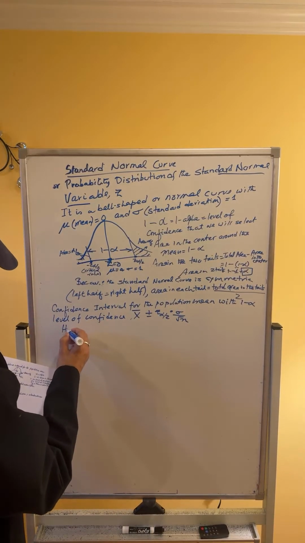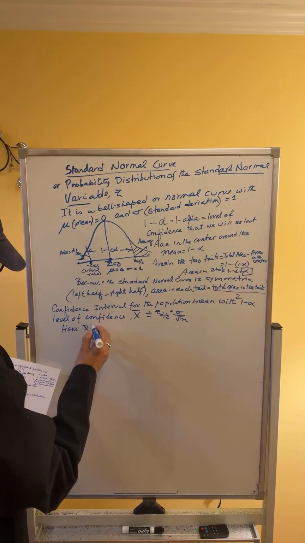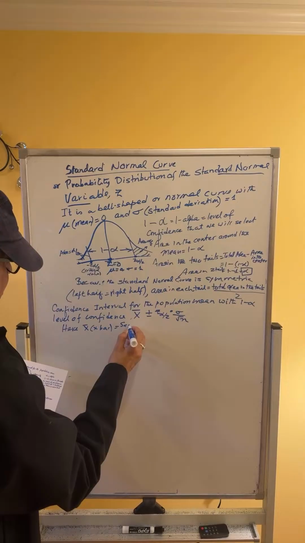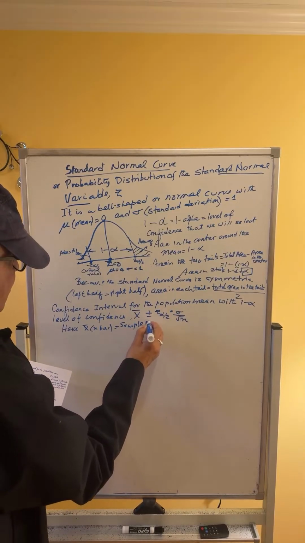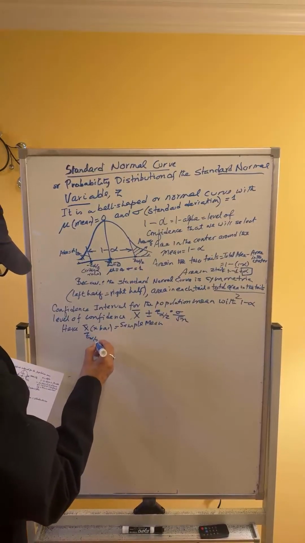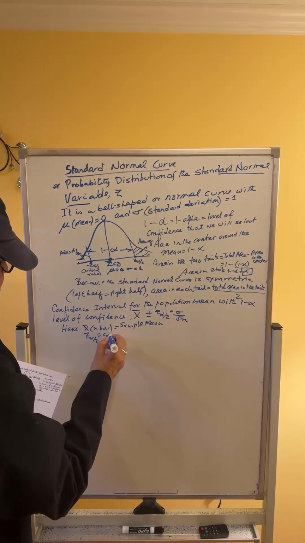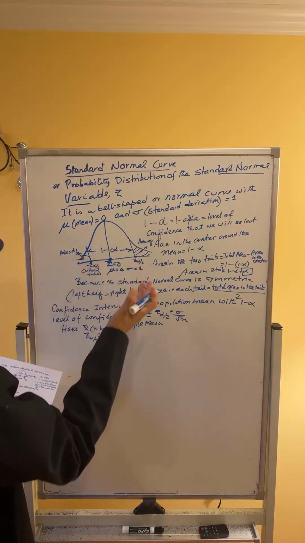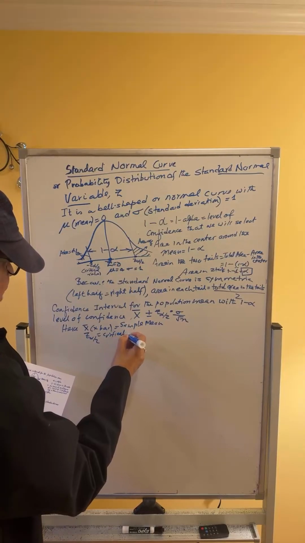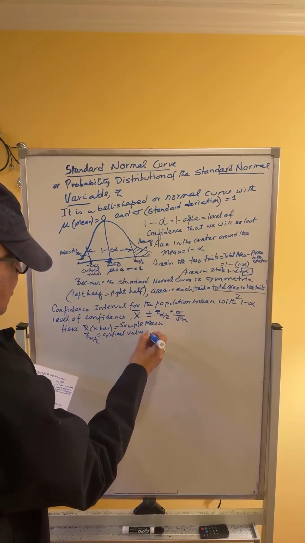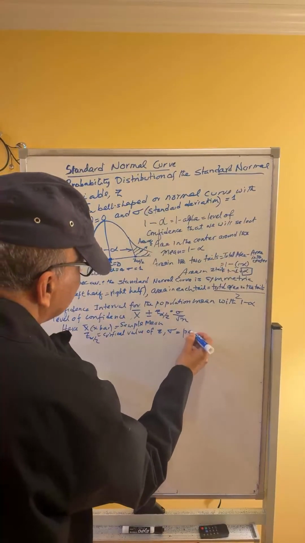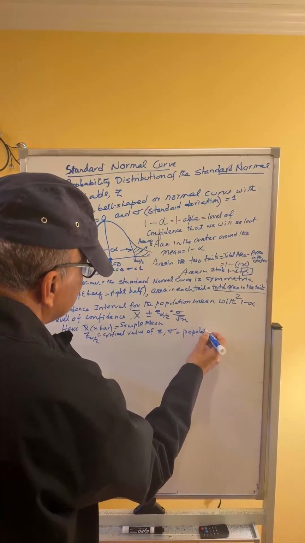Here, x bar is the sample mean. Z alpha by 2 is the critical value of z, which separates the left and the right tails from the central confidence region. Sigma is the population standard deviation.